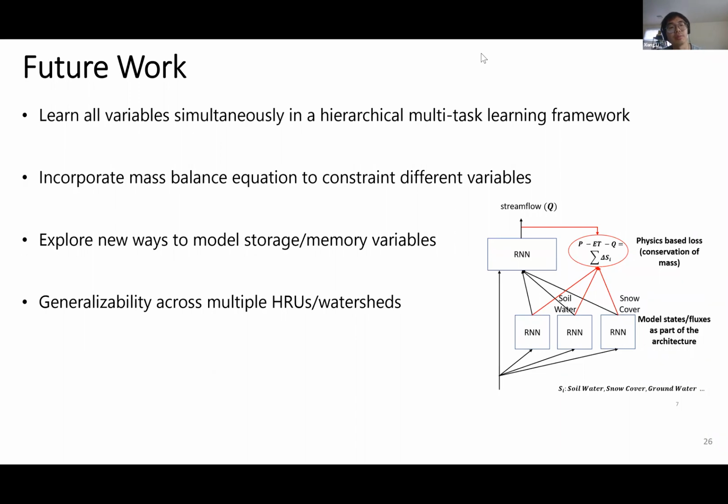Then, as we mentioned, the mass balance equation to constrain variables is also important, because in the terrestrial hydrological cycle, the water amount has to be preserved. And we'd also like to explore new ways to model storage or memory variables and generalize across more watersheds.